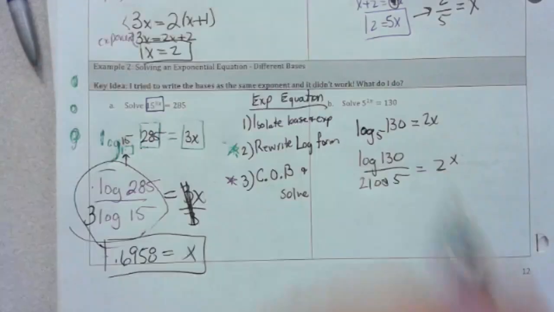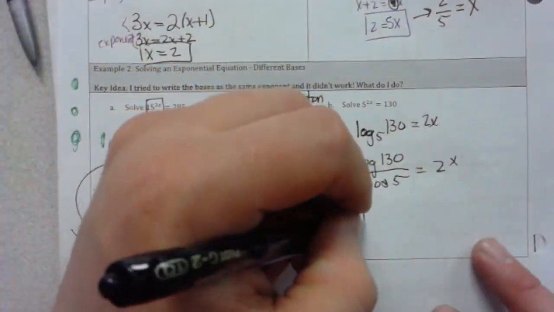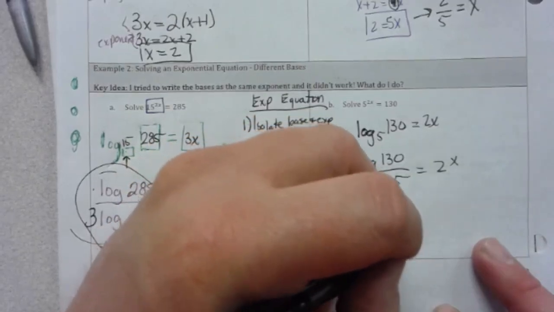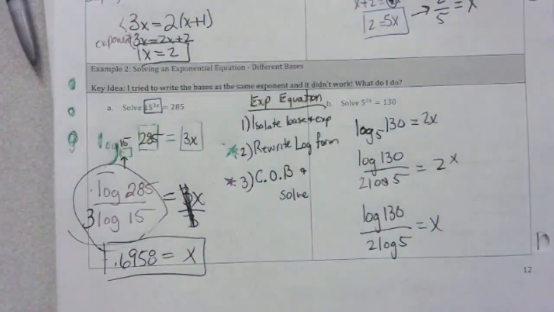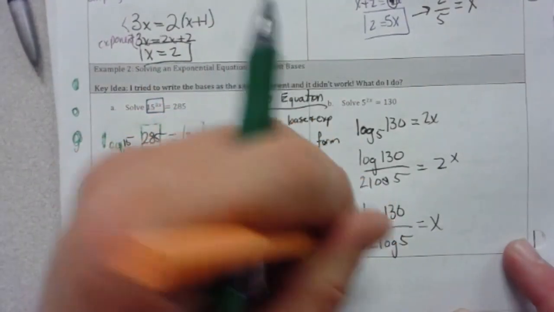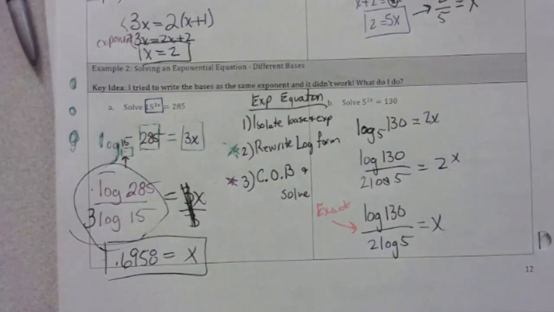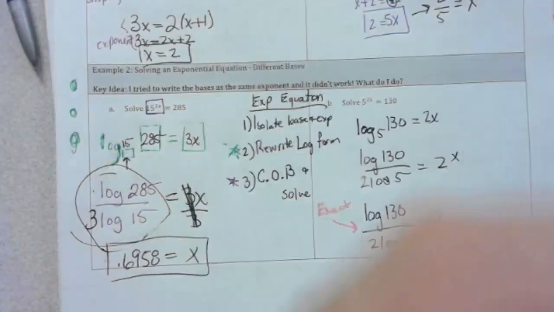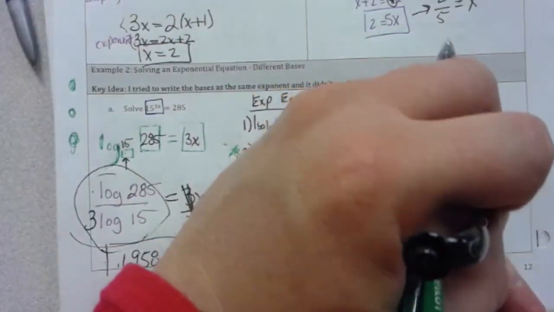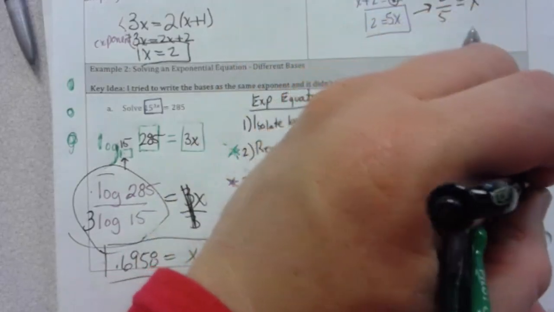Now, be mindful. If I needed to do this, I might have it written this way. The reason I might write it this way is because this is what we call the exact answer. Whereas if I just put it into the calculator, I get a decimal approximation of x equals 1.512.